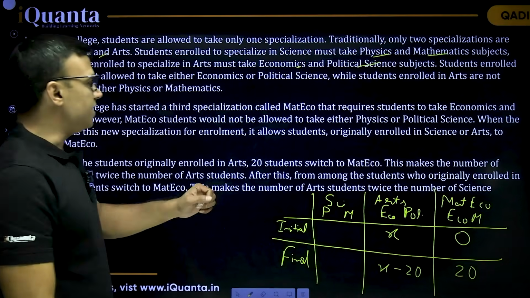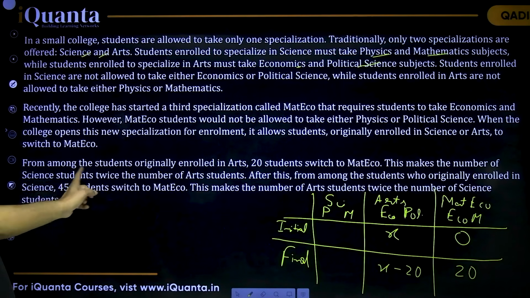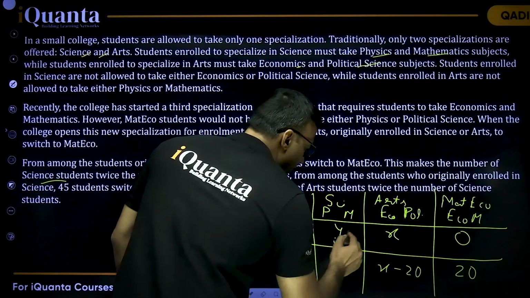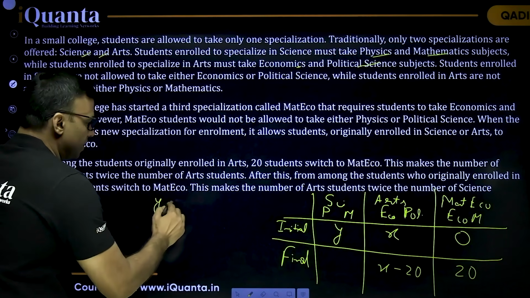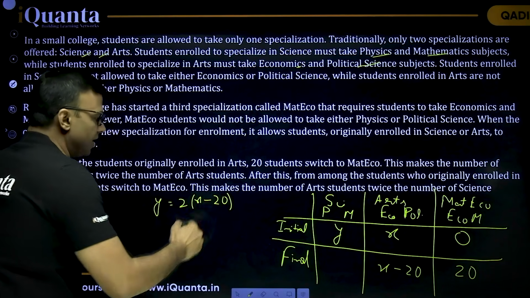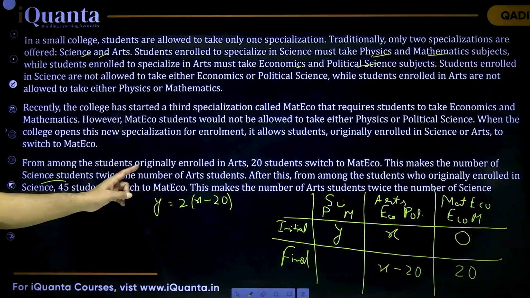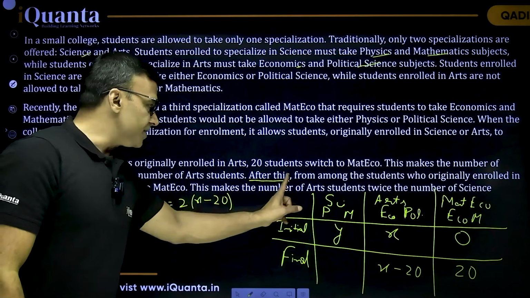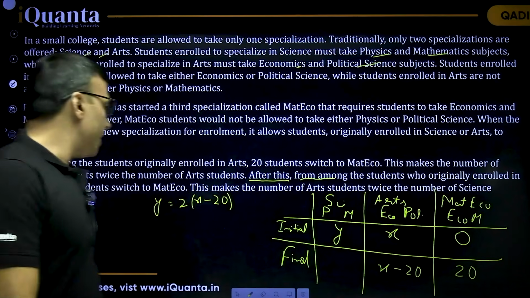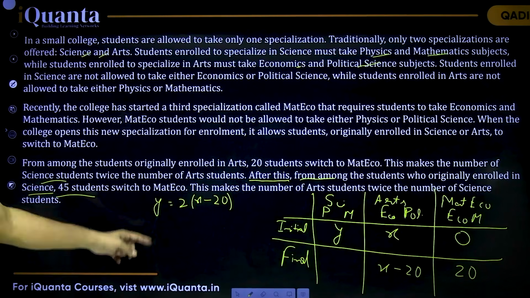And at this point, it says this makes the number of science students twice the number of art students. So if I assume the number of science students to be y, then y is equal to 2 times x minus 20. This is one equation that we have. Then from this situation, among the students who originally enrolled in science, 45 switched to Math Eco.